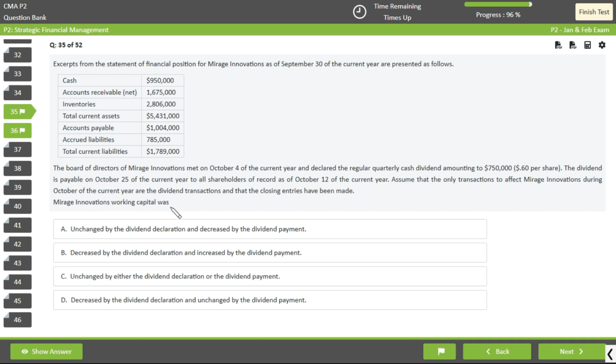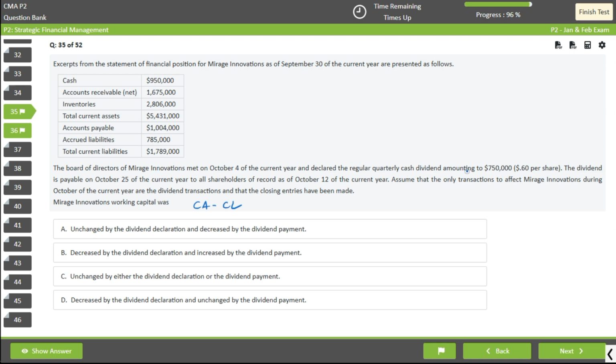What is the effect on Mileage Innovations' working capital? We know that working capital is the difference between current assets and current liabilities. So let us understand the effect on the working capital. There is a dividend declaration. The board of directors met on October 4 of the current year and declared a regular quarterly cash dividend.